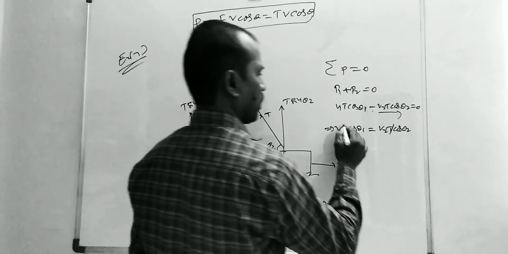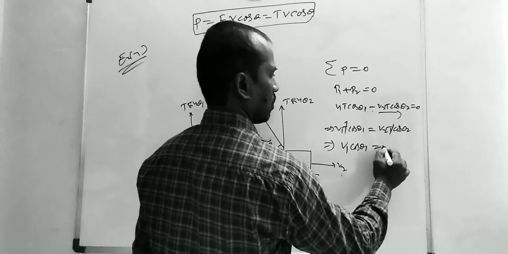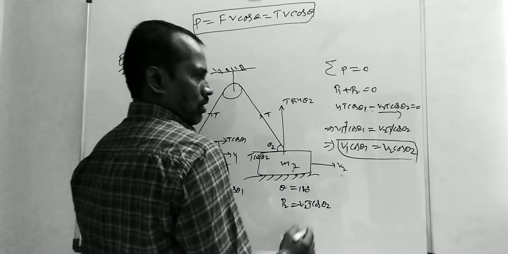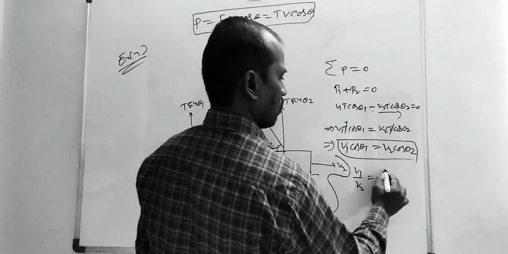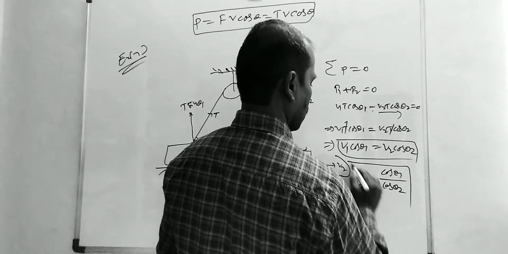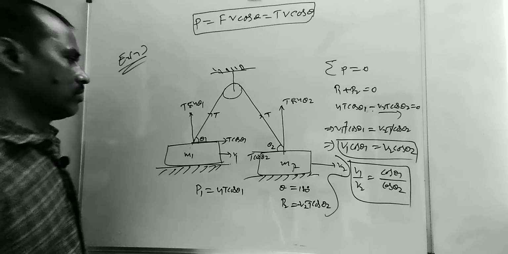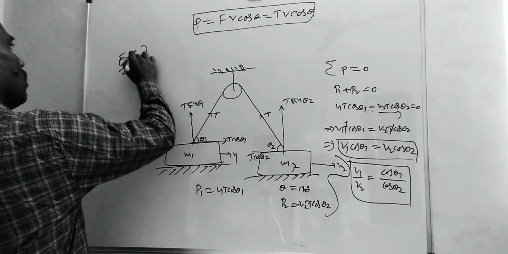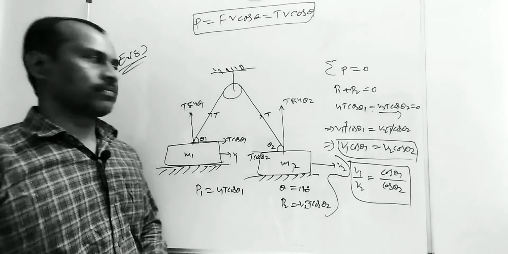T gets cancelled, so V1 cos theta 1 equals V2 cos theta 2. Now V1 by V2 is equal to cos theta 2 by cos theta 1. This is the condition. Next, example number 8. Note this one.